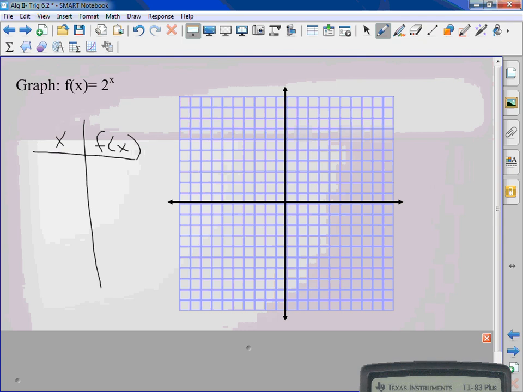Let's go -2, -1, 0, 1, 2. The first one, 2 to the negative second power, actually means 1 over 2 squared, which is 1/4.